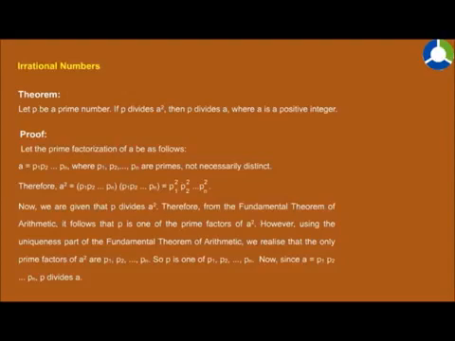Therefore, from the fundamental theorem of arithmetic, it follows that p is one of the prime factors of a². However, using the uniqueness part of the fundamental theorem of arithmetic, we realize that the only prime factors of a² are p1, p2 till pn.